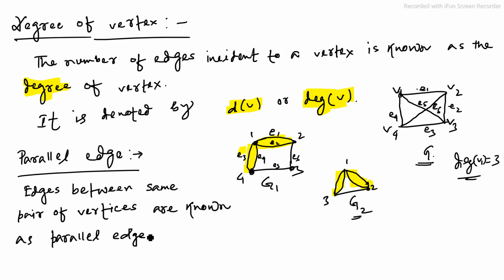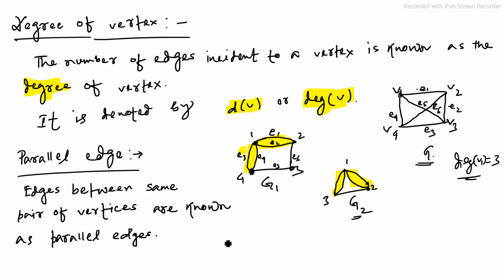Edges between the same pair of vertices are called parallel edges. See here, E1 is connected with vertices 1 and 2. And also E2 is connected with vertices 1 and 2, between vertices 1 and 2. That's why the definition: edges between the same pair of vertices are known as parallel edges.